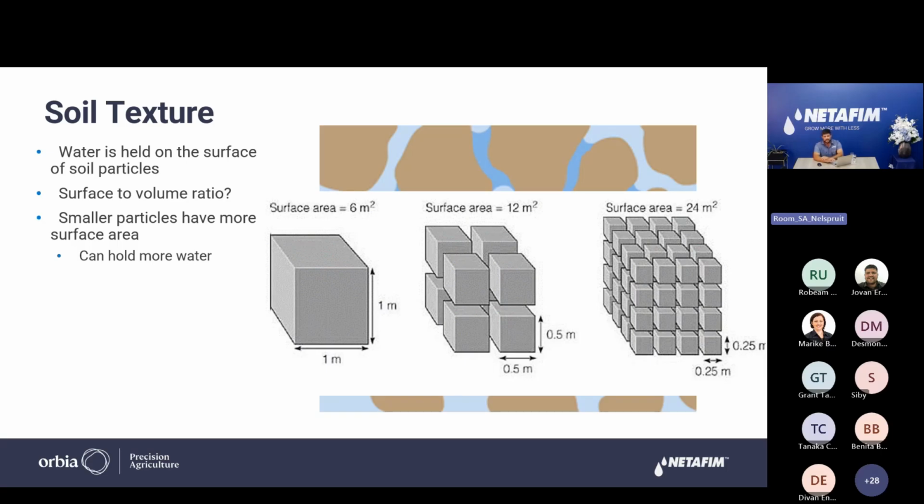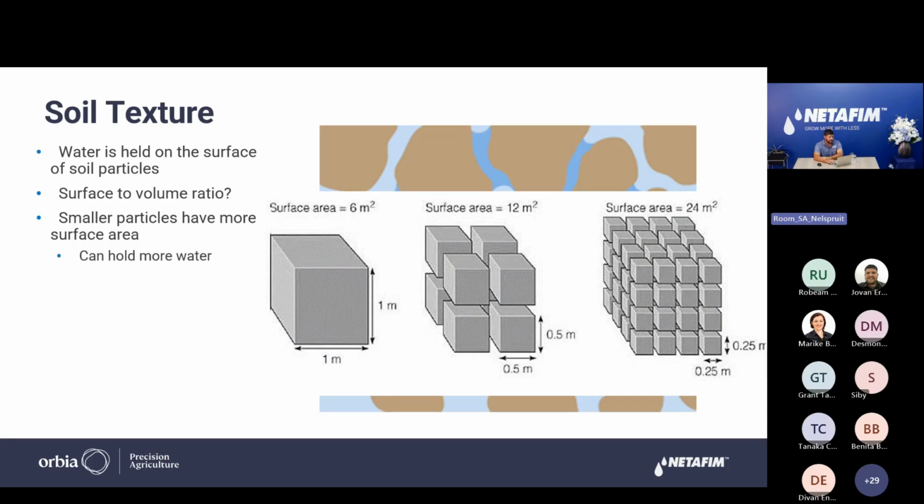If you break it down into smaller pieces, the water can go in between, and there's a lot more surface area where water can attach to, and that then leads to your heavier clay soil having higher water holding capacity compared to your sandier soils having lower water holding capacity.